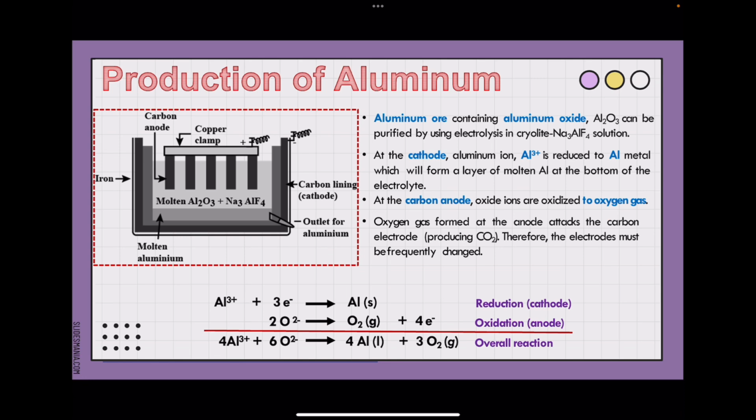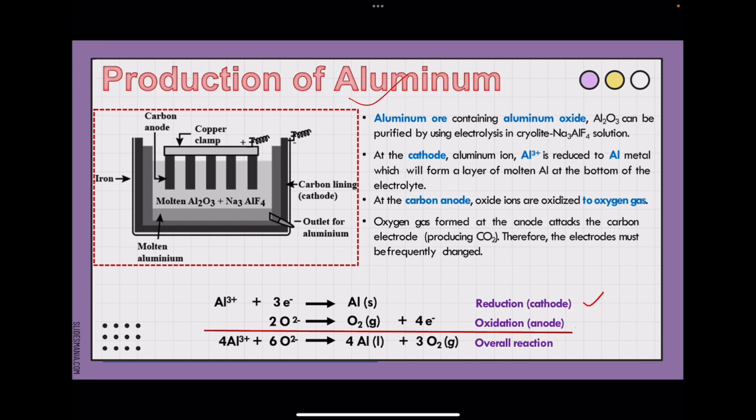Next, we move to the applications of the electrolytic cell. One important industrial application of electrolysis is the production of aluminium. Aluminium oxide is dissolved in molten cryolite to lower its melting point. At the cathode, aluminium ions are reduced to molten aluminium metal, which collects at the bottom.